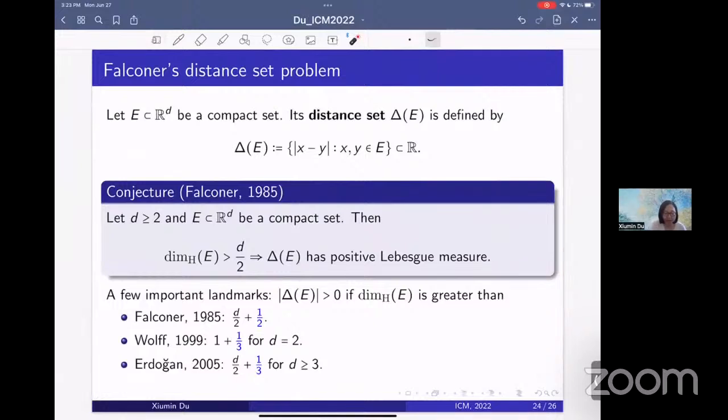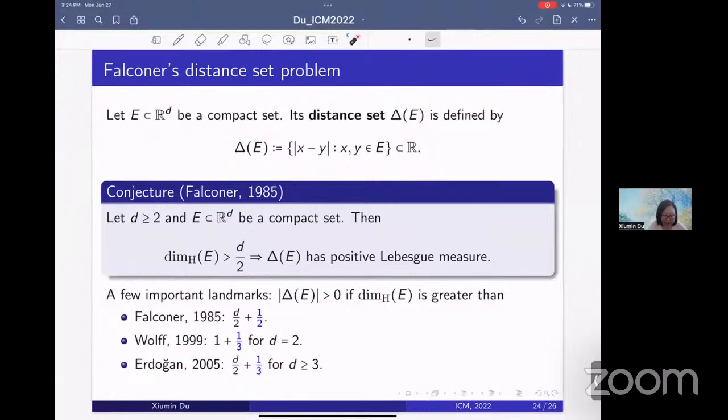Another application is the Falconer distance set problem. Given a compact set E in Euclidean space R^d, we consider its distance set Delta(E). It consists of pairwise Euclidean distances between points in E. So Delta(E) is a subset of R. The intuition is that if E is large enough, then the distance set should also be large.